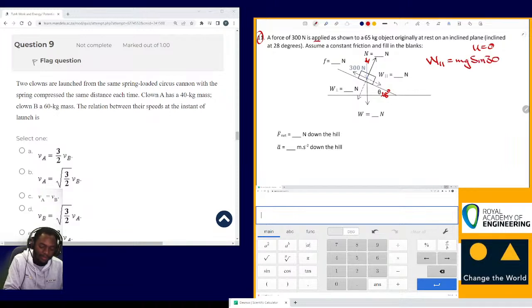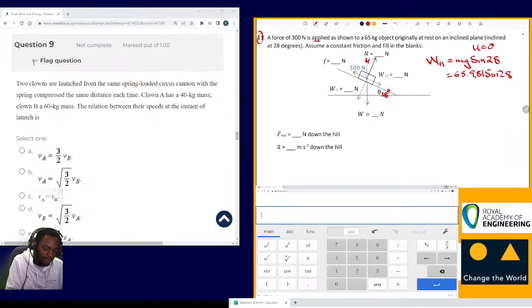And what is our mass? Oh, why am I putting 30? That's from the previous question, sine 28. So this is going to be 65 times 9.81 sine 28.